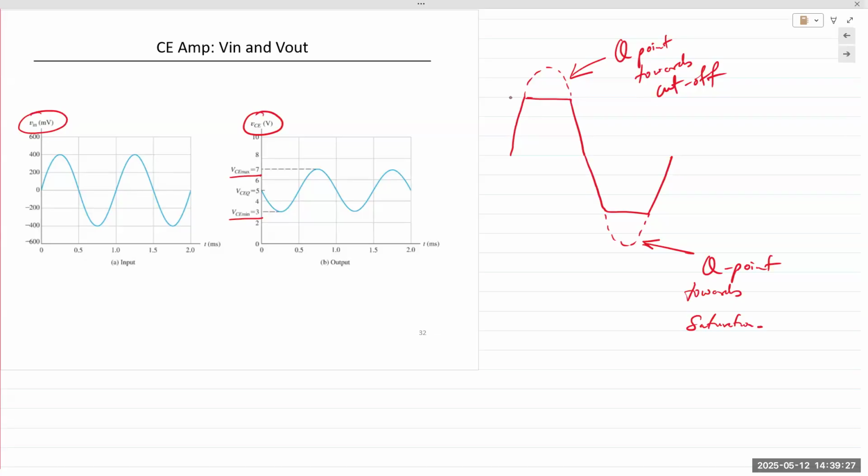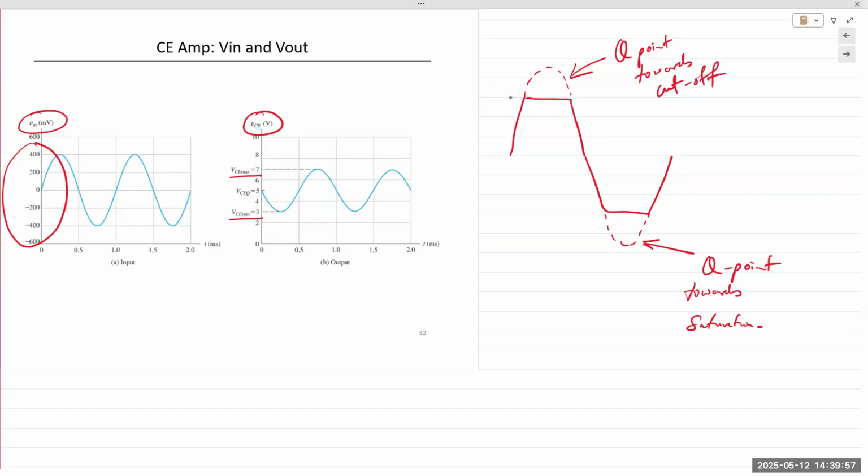A second case occurs when the input signal is large. So the input signal right here is varying between minus 0.4 to plus 0.4 volts peak to peak. In the lab, if you recall, you obtained a 100 millivolt signal from the function generator and you stepped it down by a ratio of 1:10. So you're applying a very small signal into the base of your BJT amplifier.